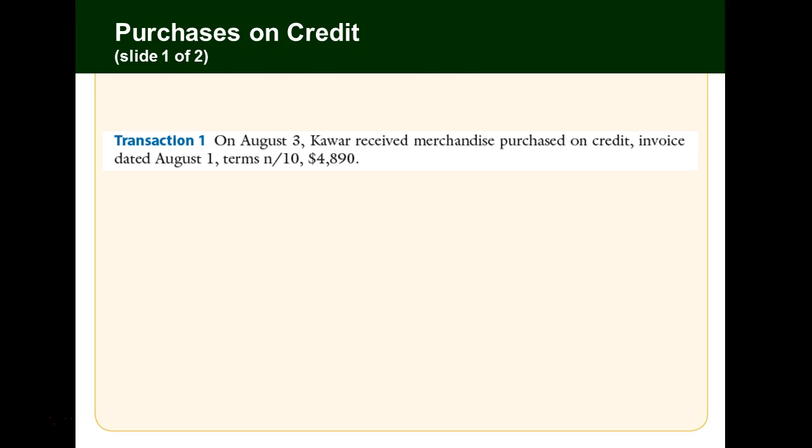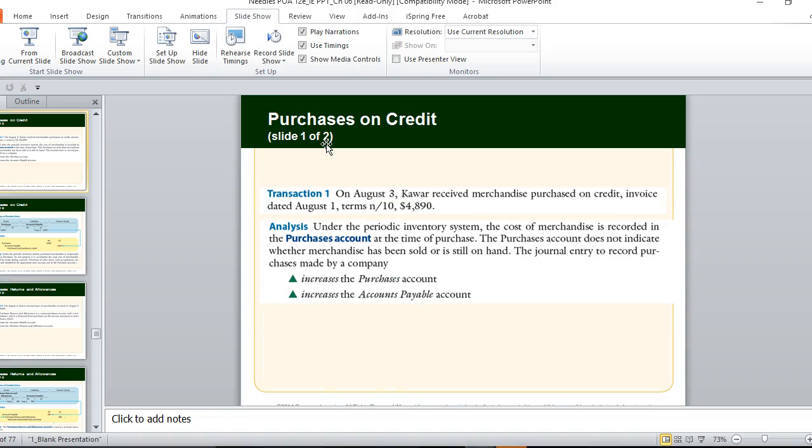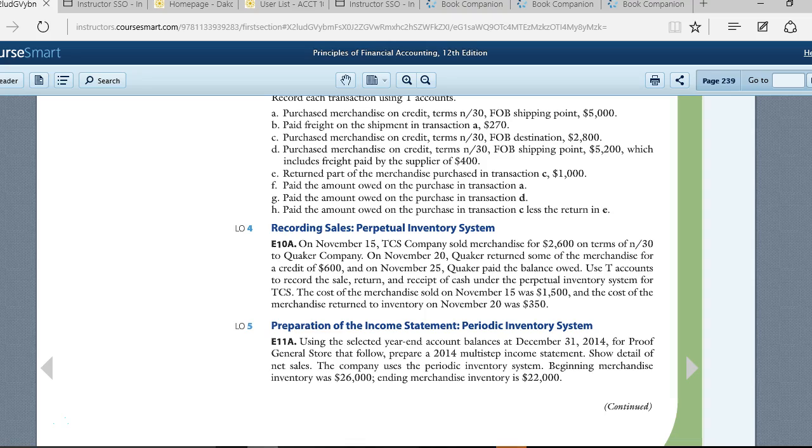So let's do a problem. We can go through the PowerPoint, but sometimes it's helpful to just do it. So let's go and look at a problem.